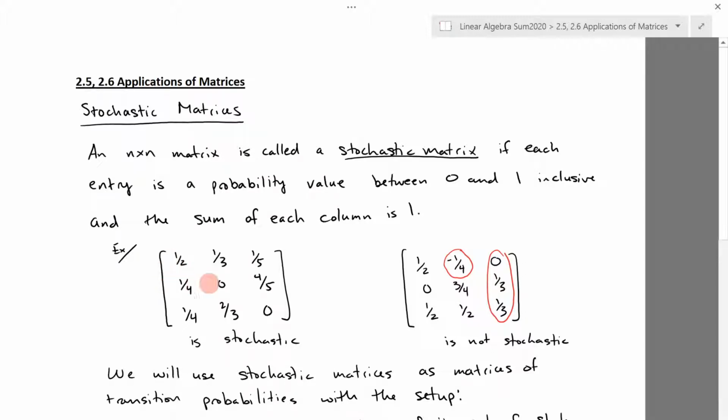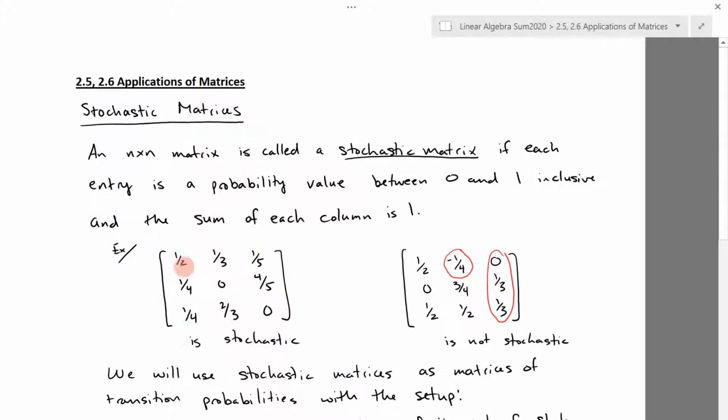So here we have two square matrices where the first one is stochastic because you can see each entry is between 0 and 1, and if you add up the entries in any particular column, it's equal to 1, right? So 1/2 plus 1/4 plus 1/4 is 1, 1/3 plus 2/3 is 1, and then 1/5 plus 4/5 is 1.